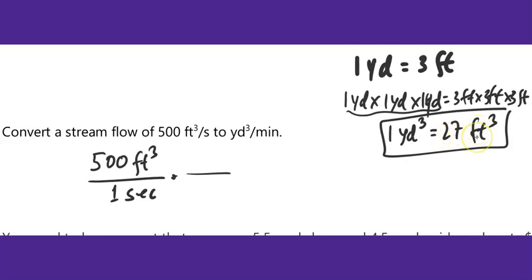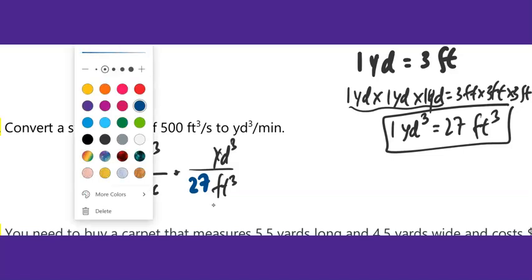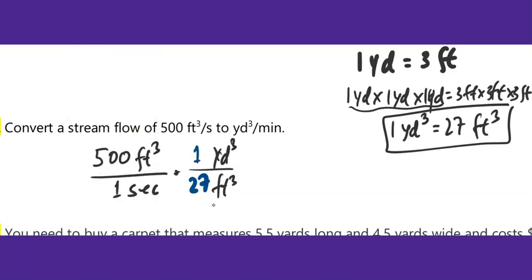So I write cubic feet in the bottom because I want to cancel this cubic feet, and I need the answer in cubic yard. So I put cubic feet in the bottom and cubic yard in the top. How many cubic feet? 27. How many cubic yard? 1.